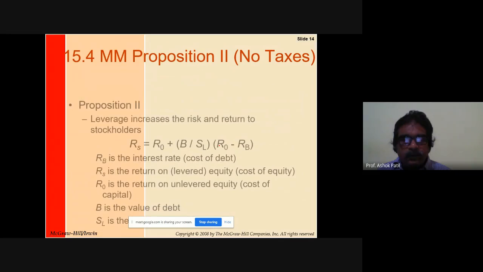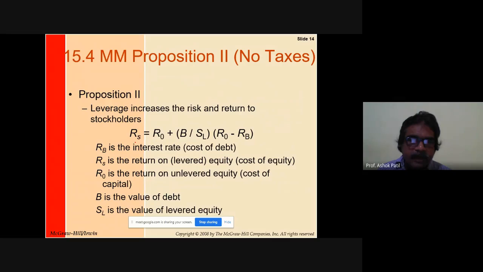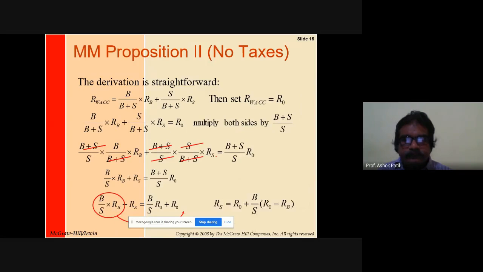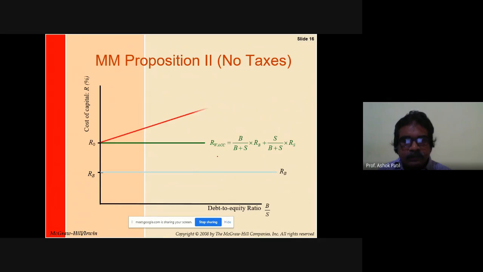And now, because of that, what happens? The cost of equity when you take the debt will increase by the base cost plus the additional cost because of the debt. I'll explain that tomorrow. Now, this part is what we have seen in the previous one, right?